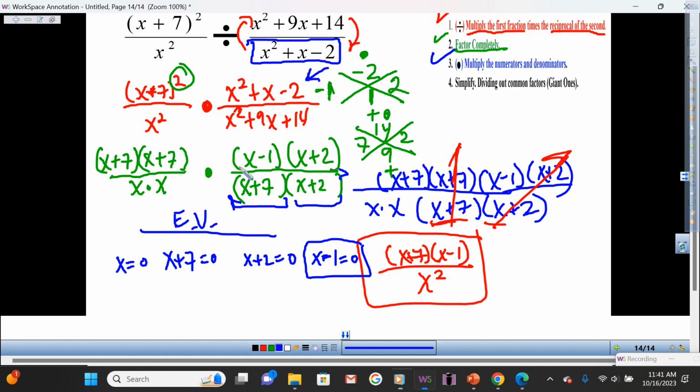And what are the factors here? Does everybody see it? All right, so for division, make a note. For excluded values, we use the original denominators, this one and this one, but also the following denominator once we do the flip, which is that one. So we use 3 different denominators, okay? Just make a note for yourself, asterisk heart, and that's your home plate.